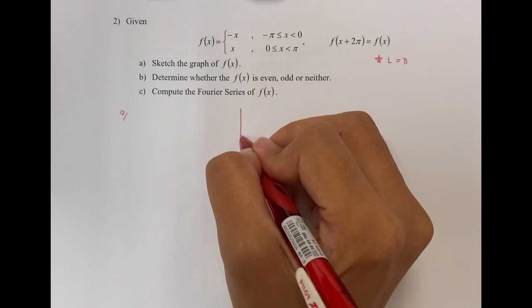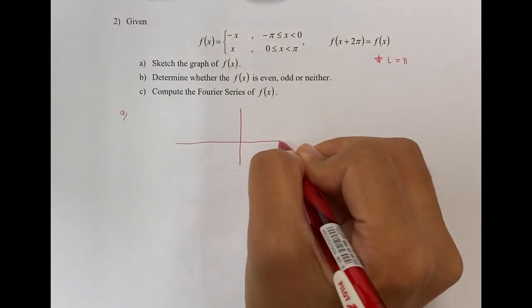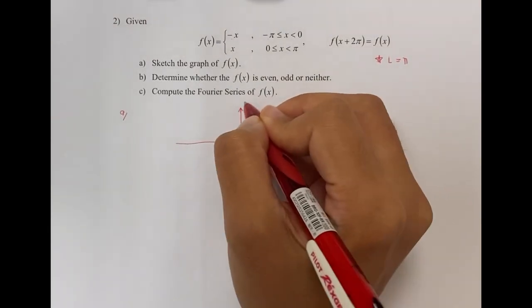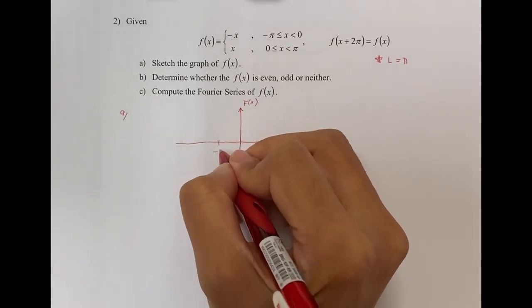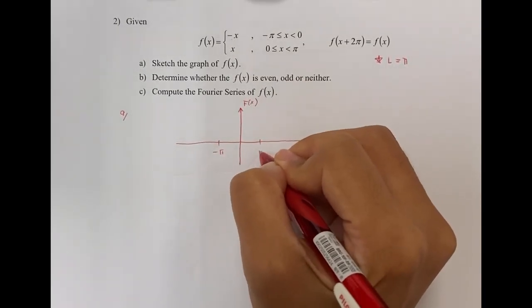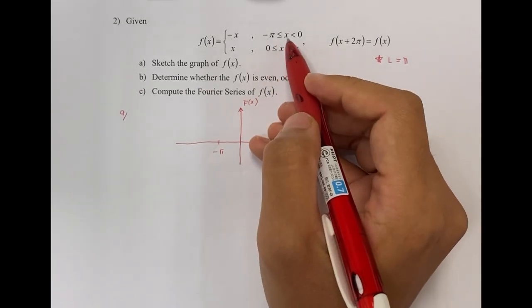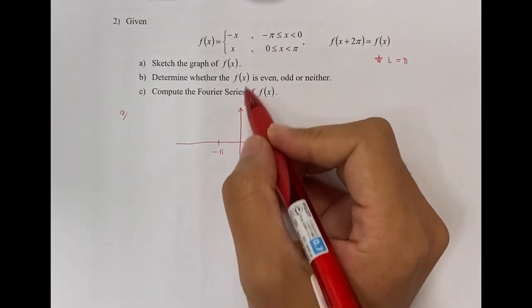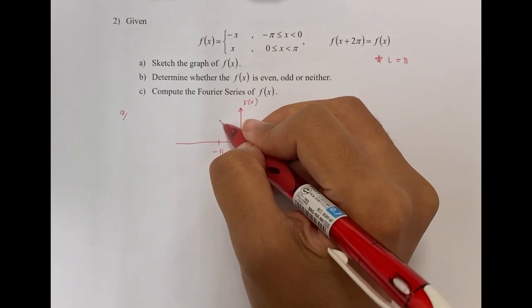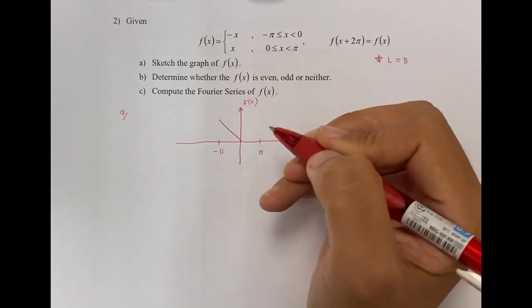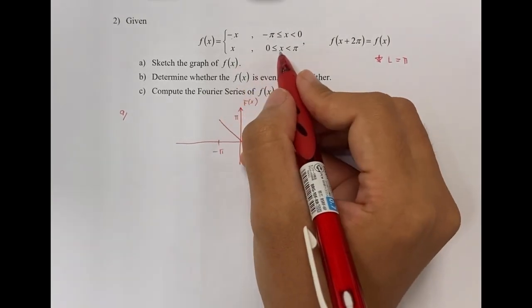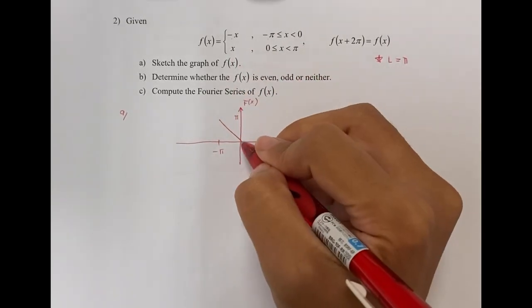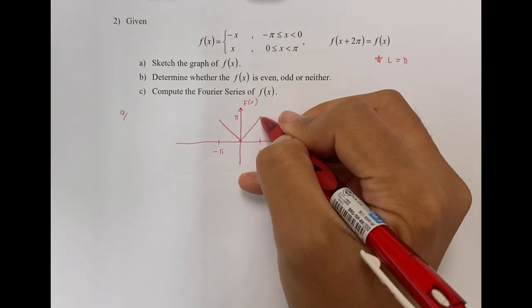So first, sketch the graph. Okay, let's say you have f(x) here for negative pi to pi. Negative pi to 0, it is negative x. So negative x, it is this kind of line. This is your pi. And then for 0 to pi, x, it is a straight line. This line.